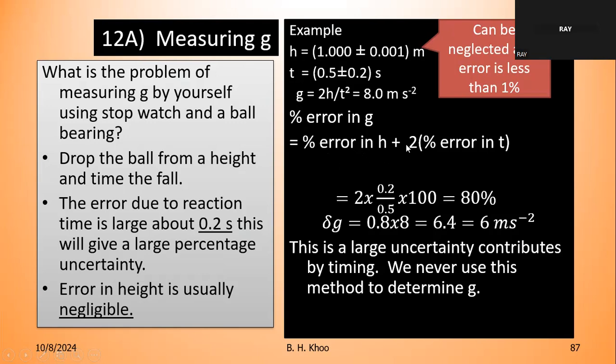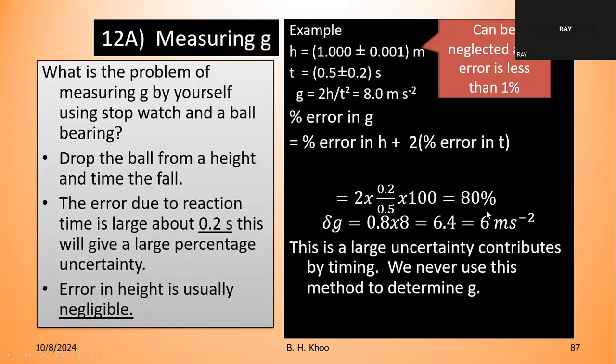This one is negligible. So it's 2 times delta t over t times 100. So it's very high, 80%. When we calculate, 80% of 8 is 0.8 times 8, you get 6.4.